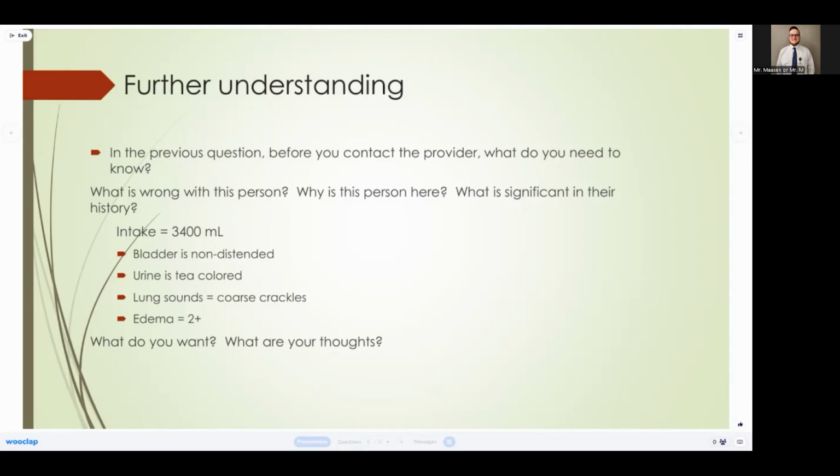Lung sounds, coarse crackles. Well, what do you think there? Could be fluid overload. Also, could be their severe pneumonia. And they have edema, 2+. So that's 2+ pitting edema. Fluid volume overload. They have too much fluid volume. And what do you want? What are your thoughts?